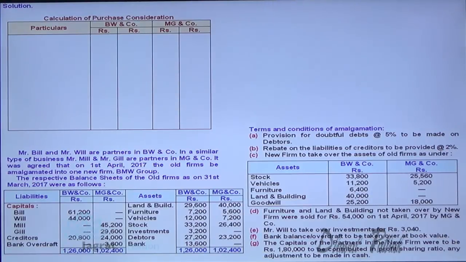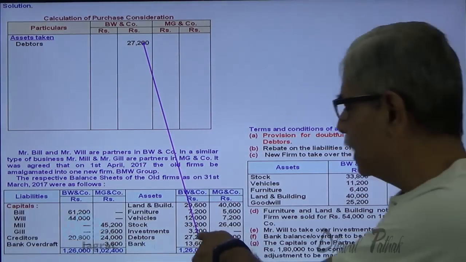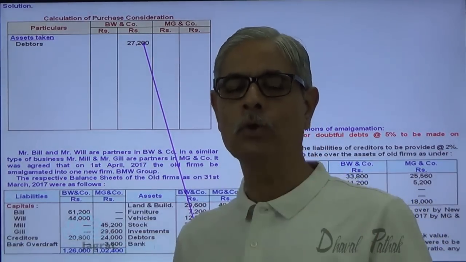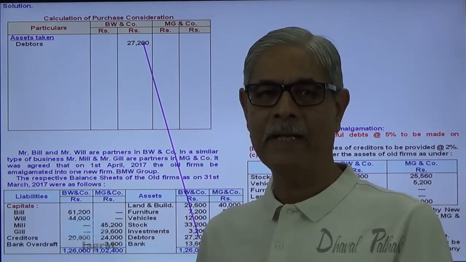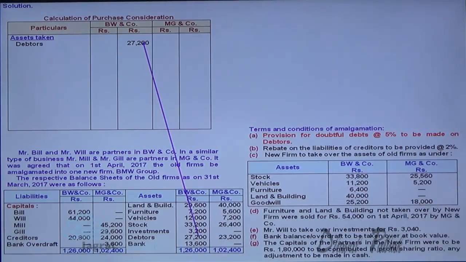Provision for doubtful debt, 5% to be made on debtors. So at what value are the debtors taken? See, the assets are taken. The debtors are 27,200. This 27,200 is the book value. But it is sold to the new company by providing a reserve for bad debts to the extent of 5%.